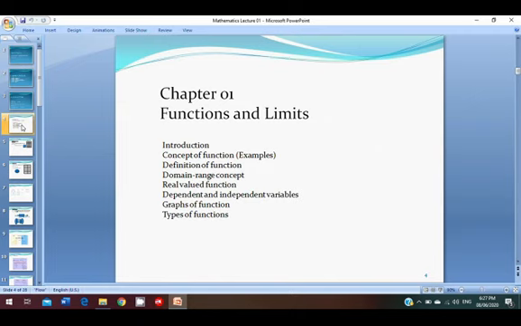Basically, functions are important tools by which we describe the real world in mathematical terms. They are used to explain the relationship between variable quantities, and that's why they play a central role in the study of calculus.